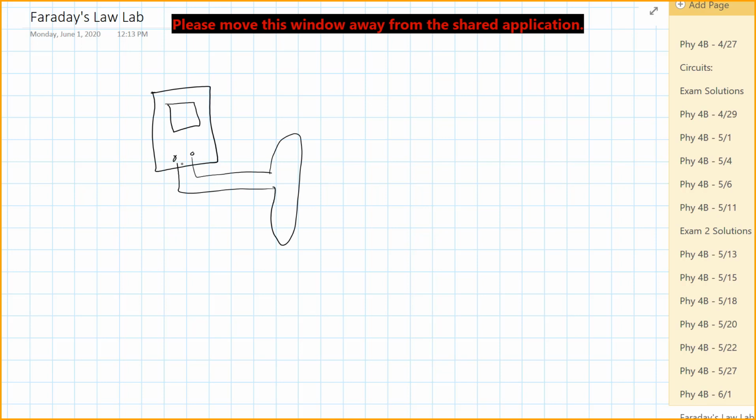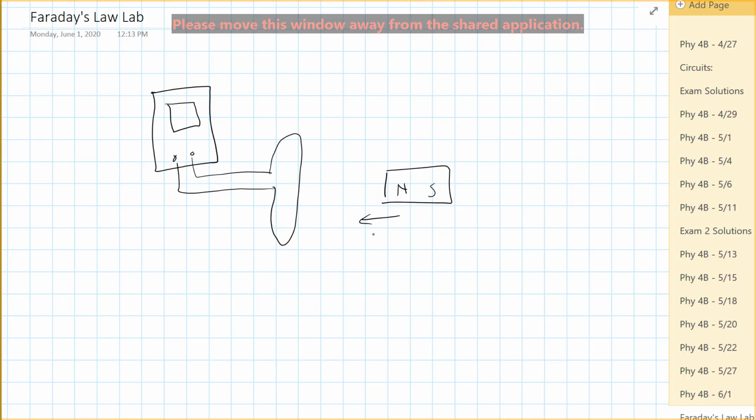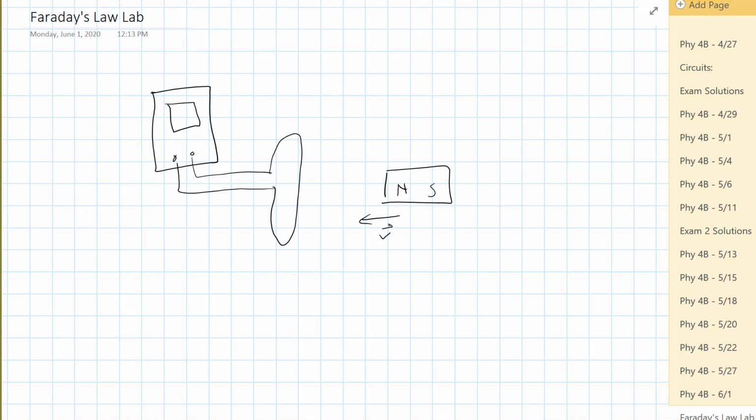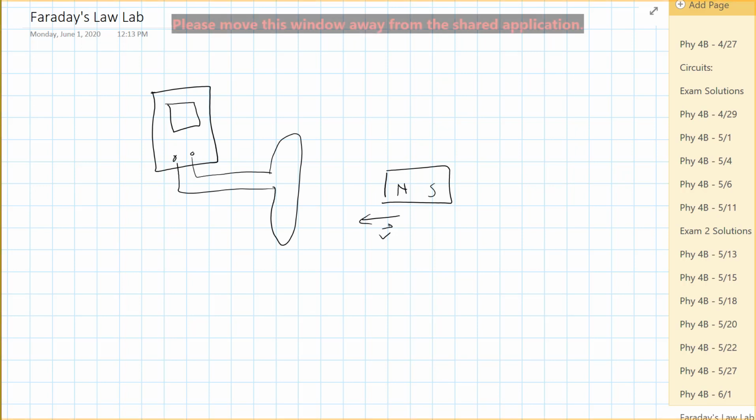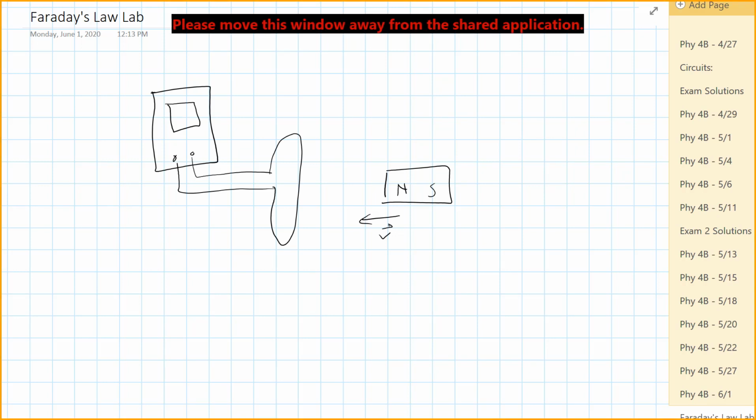And my coil of wire is perpendicular to the page. And I've got a magnet here. And I move that magnet toward the coil of wire, like this.